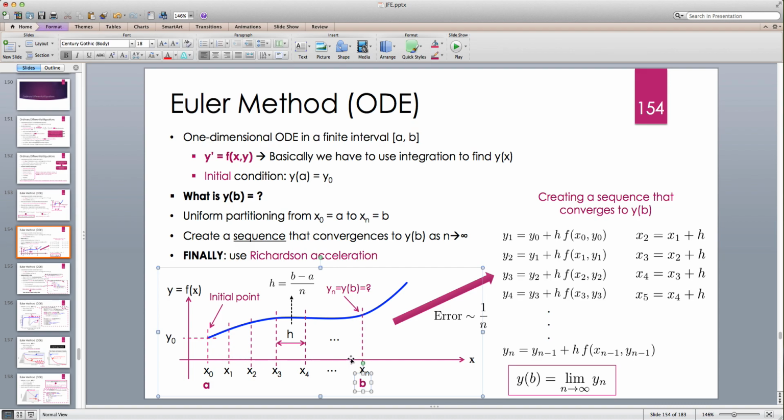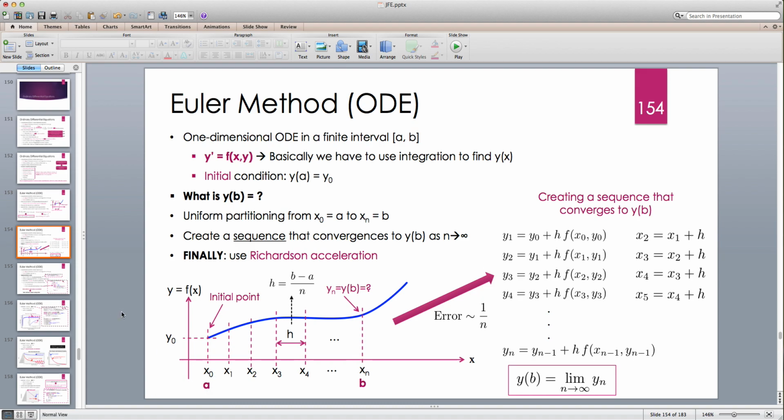As we increase n, the length of each subinterval gets smaller and smaller, and the error goes down because the error is proportional to h, or inversely proportional to n. But remember that h is b minus a over n. Even if I have increased n, if b increases, so if we want to find the value of the function at some point very far from the initial point, it is always guaranteed that the error gets bigger and bigger as we go farther and farther away from the initial point.